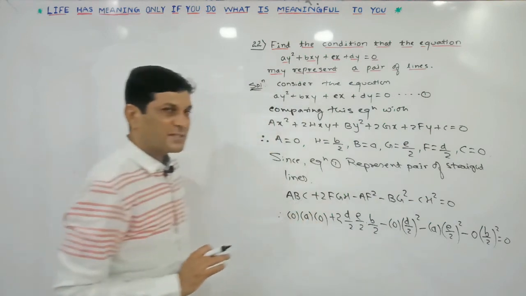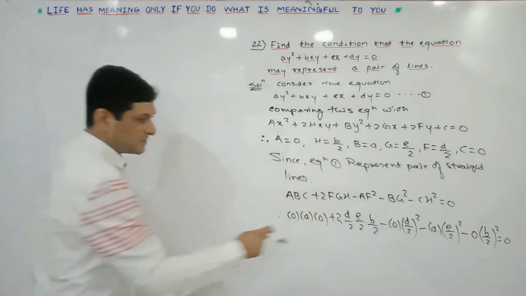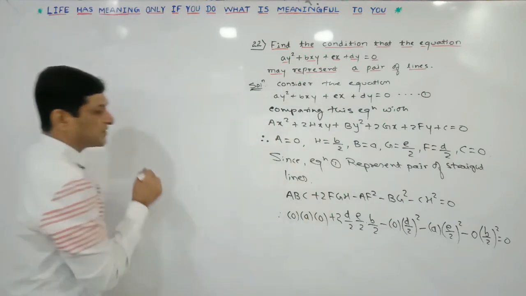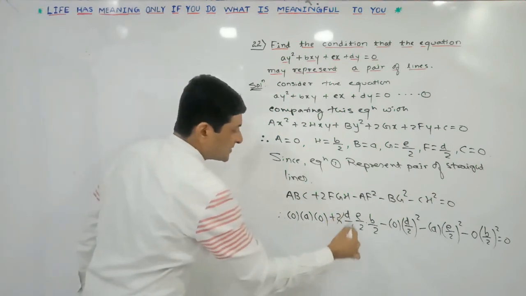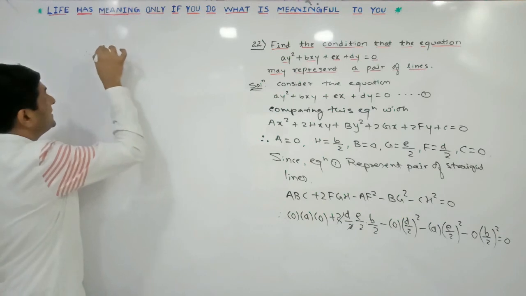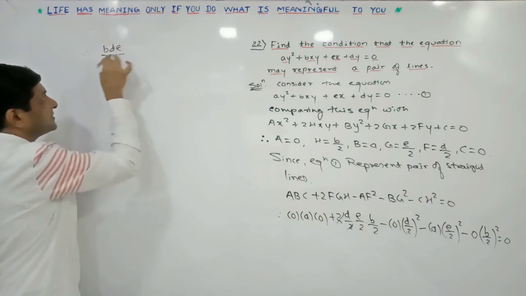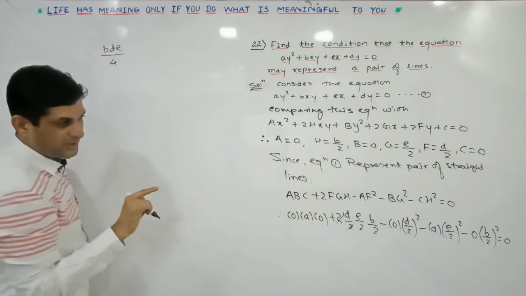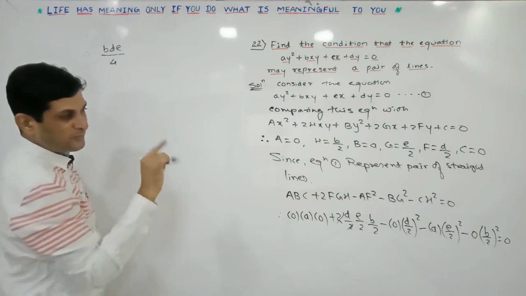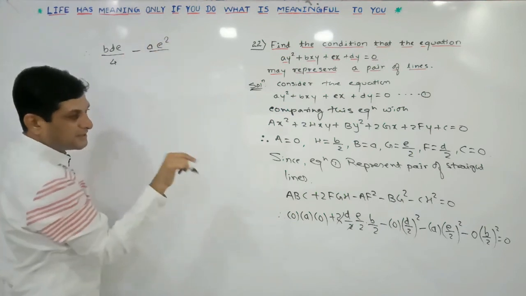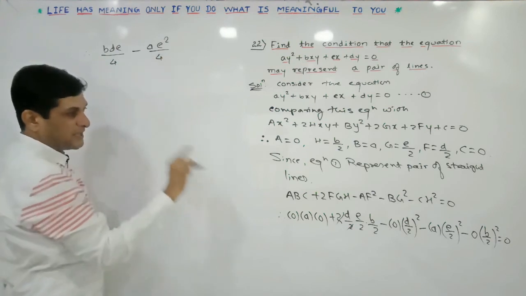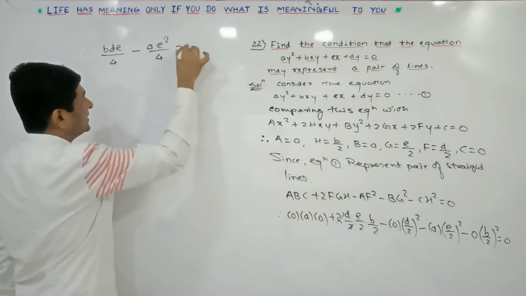Once the values are substituted, check that this first value is 0, so not necessary to write 0 here. So see what we will get here. 2 will get cancelled. In the numerator we will get bde, and in the denominator 2 into 2 is 4. Then the third term is 0, the fourth term is minus a, square of e is e square, and in the denominator square of 2 is 4, and the last term is also 0.